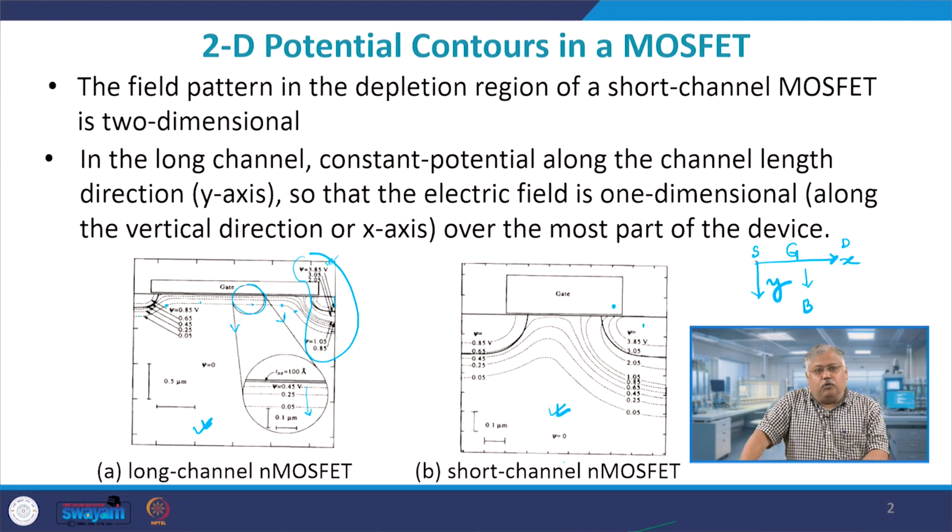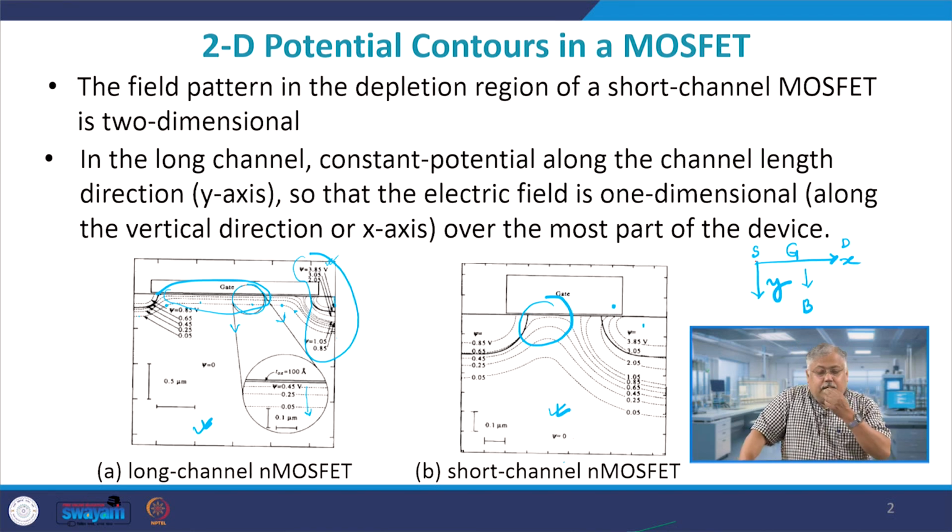Let us do the same exercise on the right hand side picture. Here you see that the potential, which was initially very flat throughout the channel length of the device, now has a problem because the dimensions are so small. The lines are not straight now.